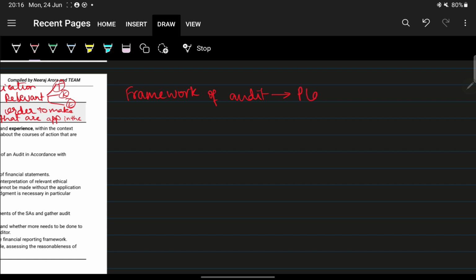And then planning, it is used in audit planning. You will use professional judgment when it comes to planning. And then setting materiality, right? And when it comes to performing his risk assessment procedures, and when it comes to the response to the risk, right?